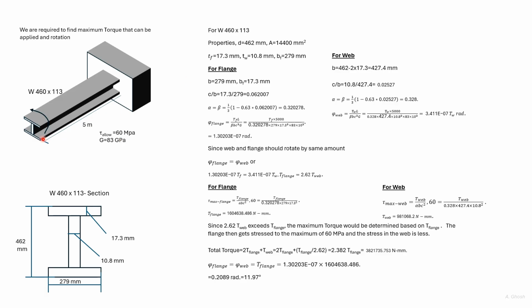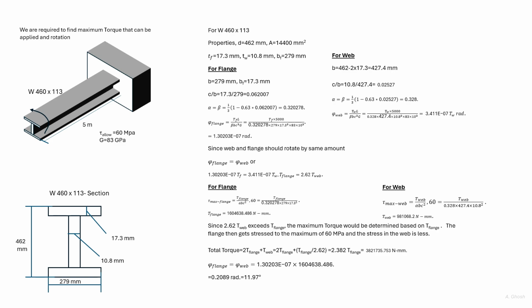We can then find the maximum torque that the web can sustain and the flange can sustain. Since we have the ratio of the torque in the flange and the web, we can find out which one will fail first. We can then find the whole torque that can be applied without failure and the corresponding angle of twist.